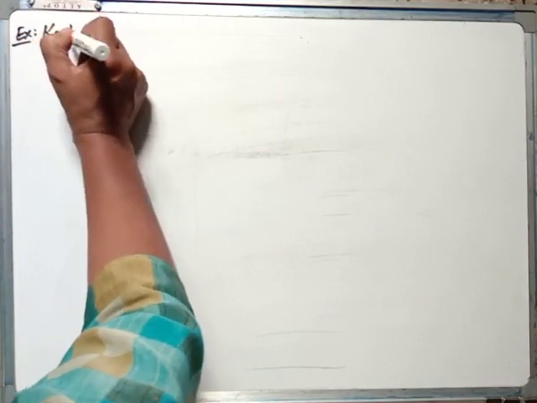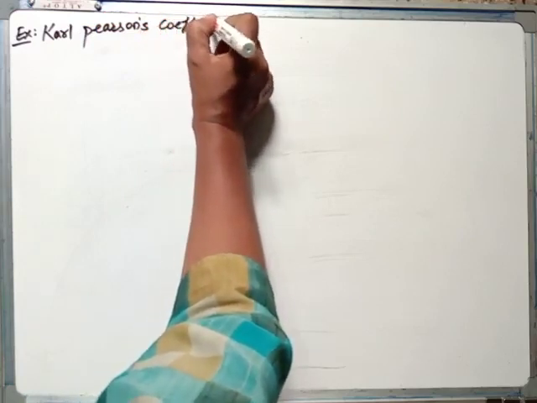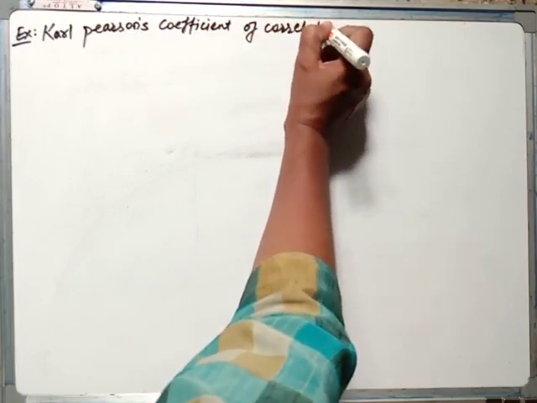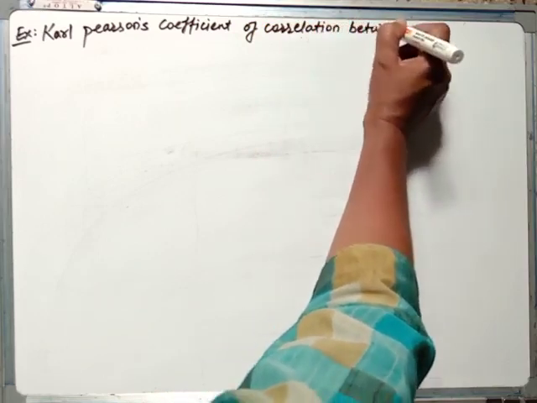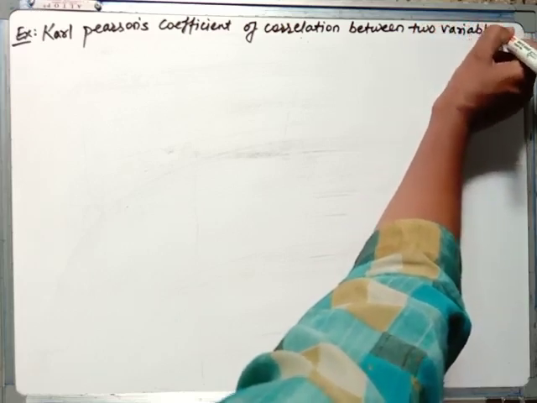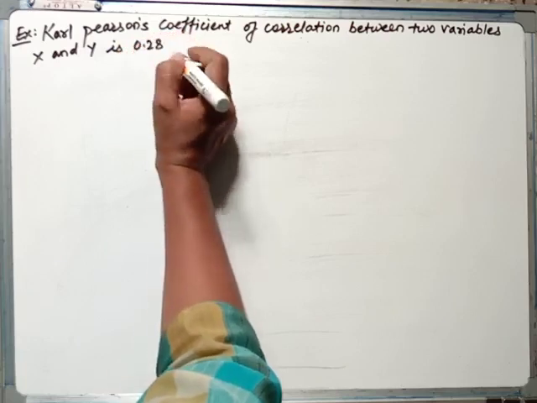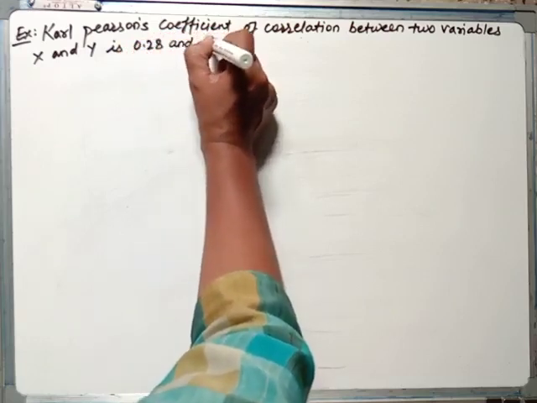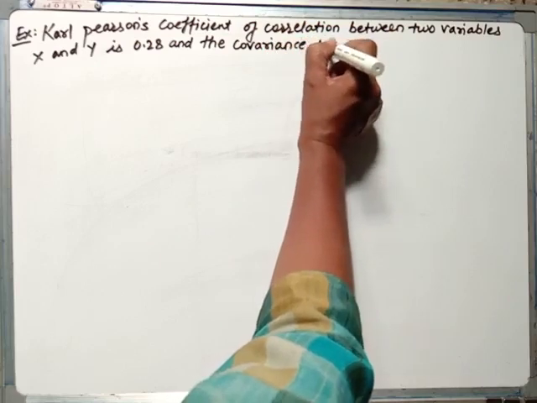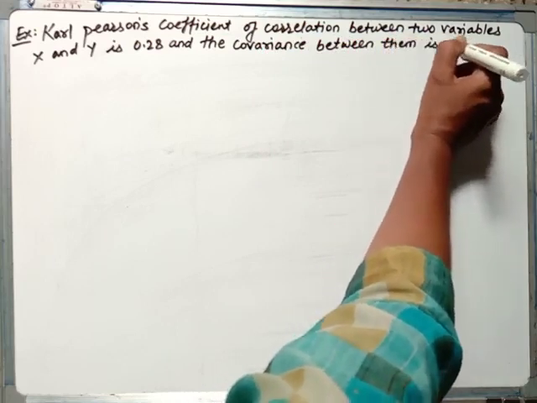Karl Pearson's coefficient of correlation between two variables x and y is 0.28 and the covariance between them is 7.6.